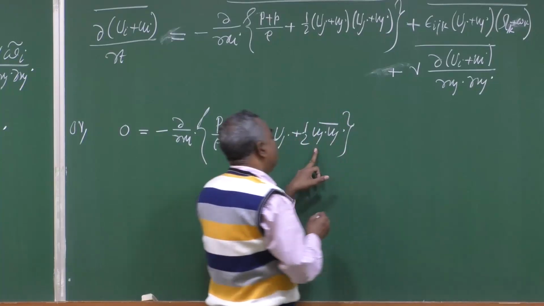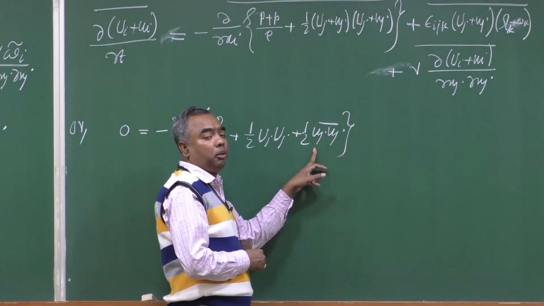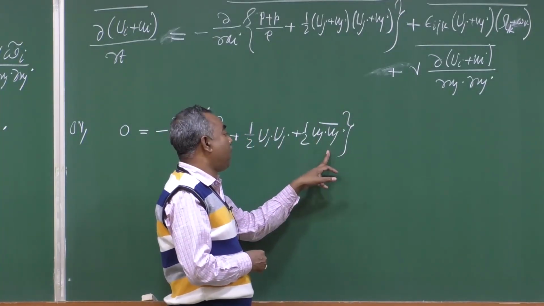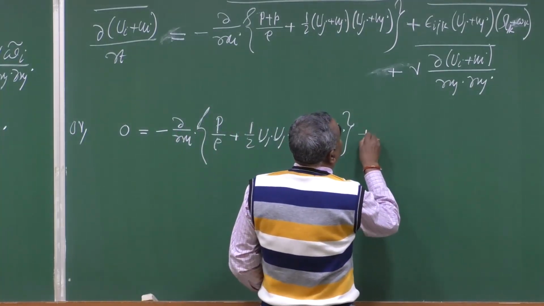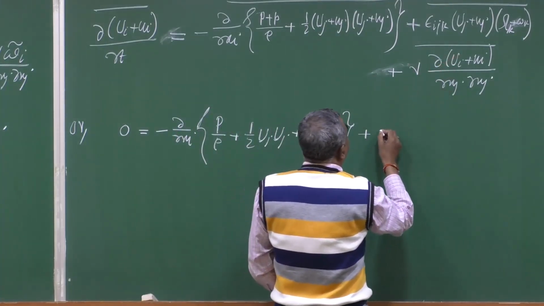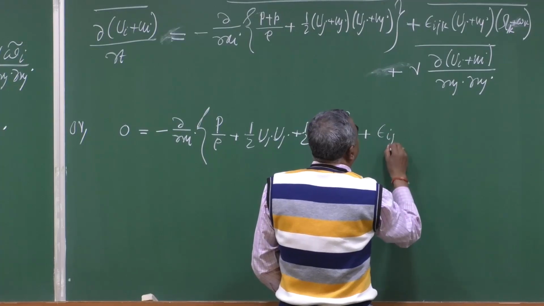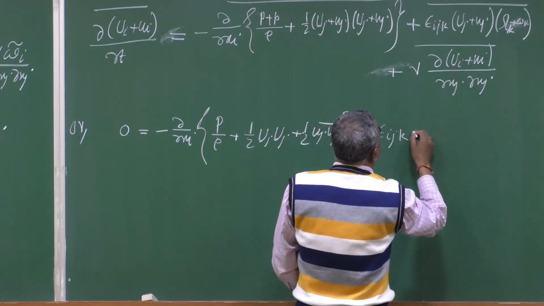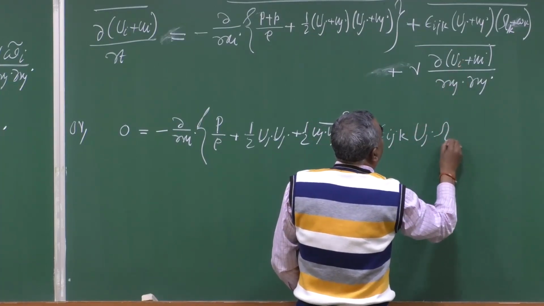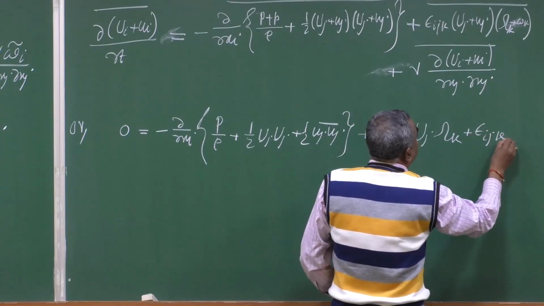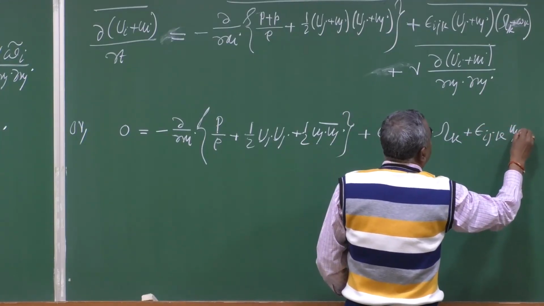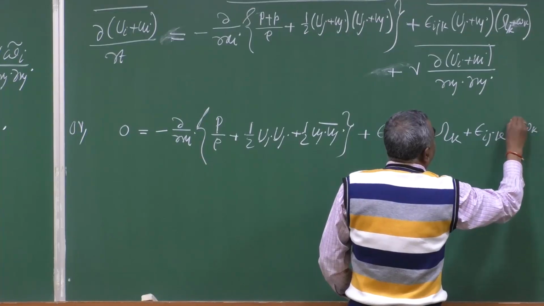So, this particular term is the contribution of the turbulent fluctuation to the dynamic pressure. Plus, if we consider this particular term, then essentially we can write epsilon_ijk small u_j small omega_k bar.